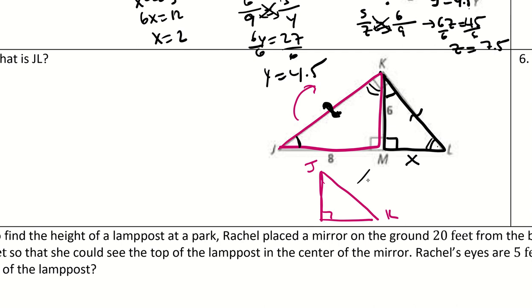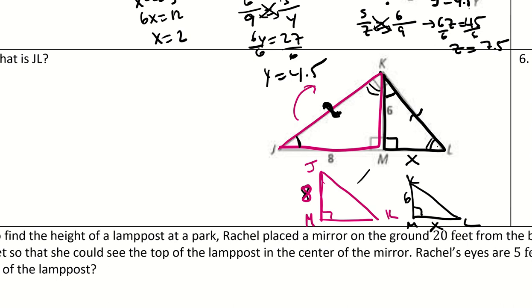Can you tell I rotated this so that J is on top, K is on bottom, and then M is over here, the right angle. And we know from there that this is 8 in that case. So let's just call it a red 8, and this is a right angle. And let's draw this one just the way it is. KML. This is a right angle. This is 6. And this is X.